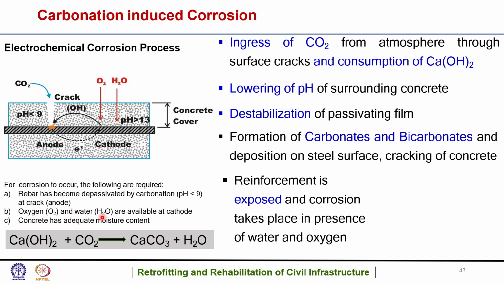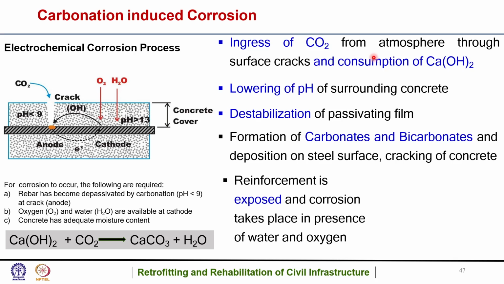Oxygen, O2, and water, H2O, are available at the cathode with a similar reaction, and the concrete has adequate moisture content. Calcium hydroxide plus carbon dioxide forms calcium carbonate plus water. That is the intrusion of carbon dioxide, and after that the normal process of corrosion follows.